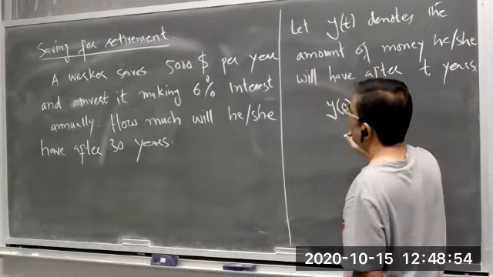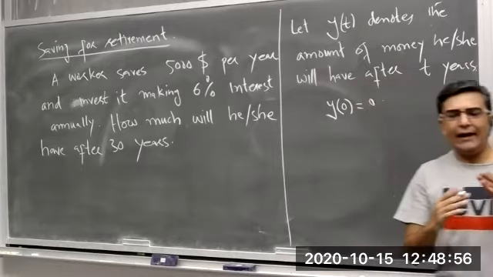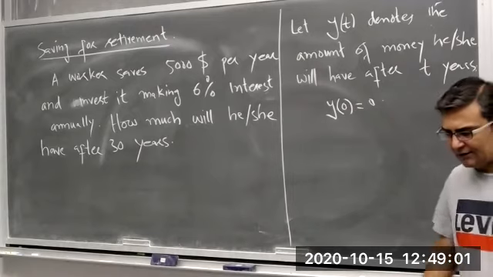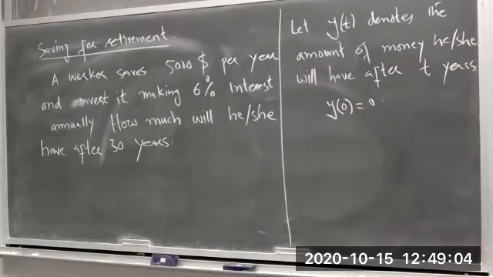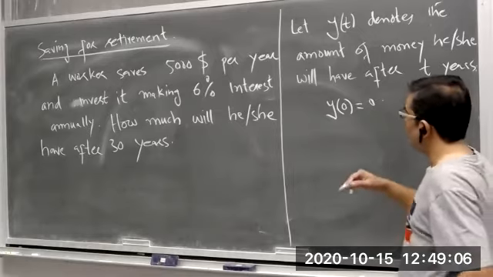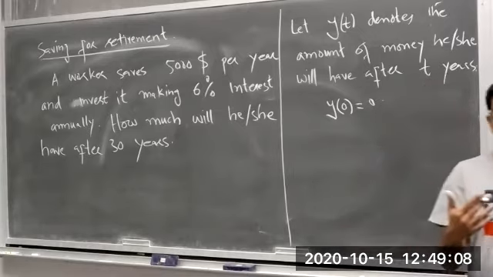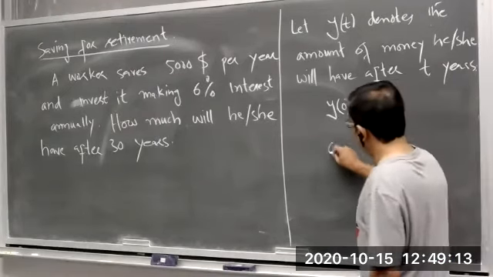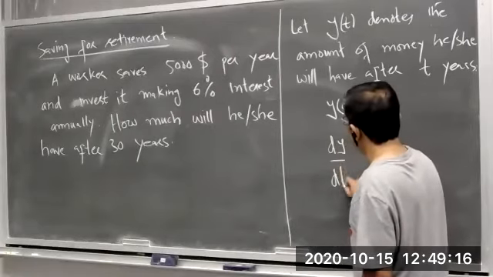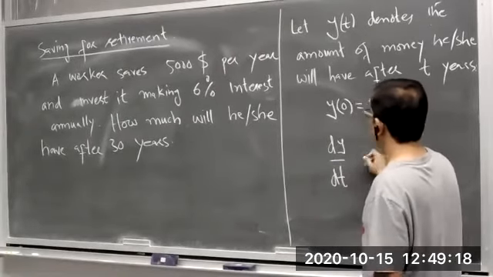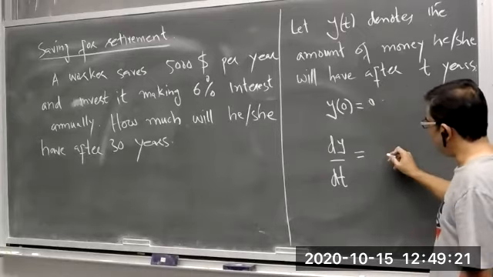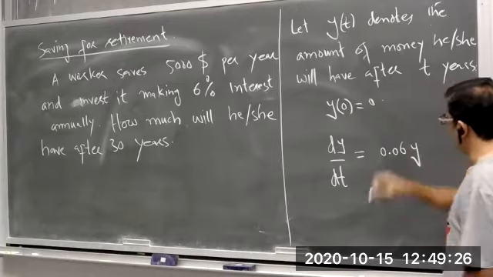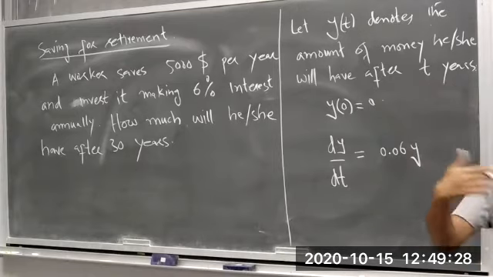Okay. So 5,000 in one year he invests in a business or deposits in a bank, at an interest rate of 6%. So the rate of change of his money is what? We can say that dy by dt is equal to the rate of interest, which is 0.06, times the original money which he has invested.